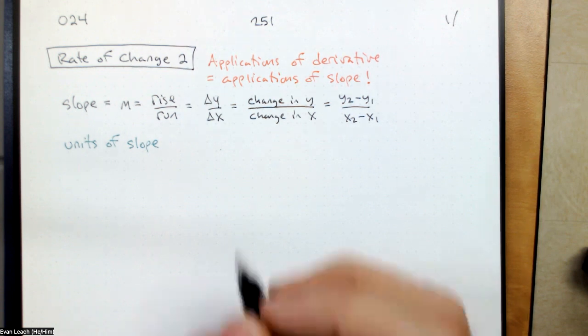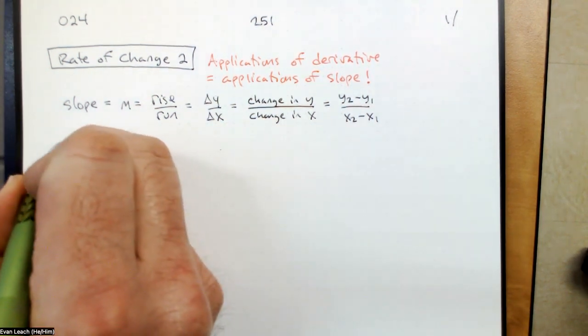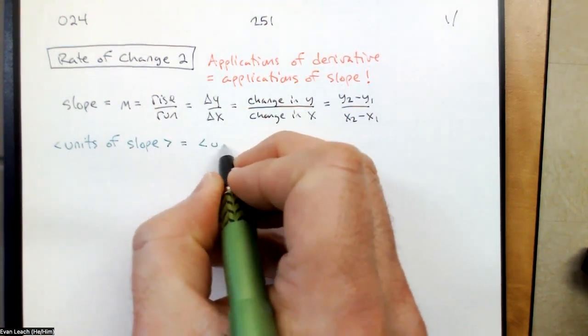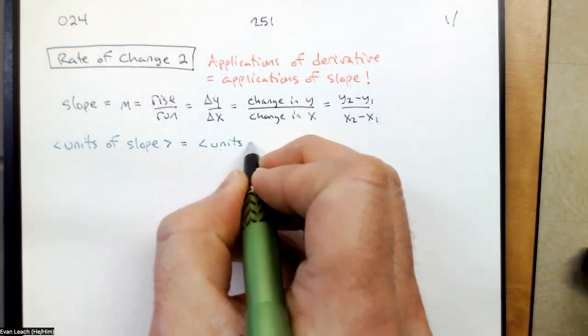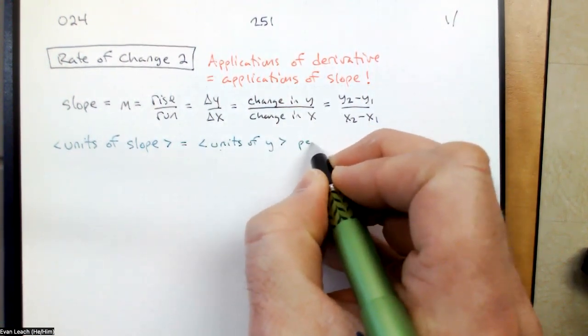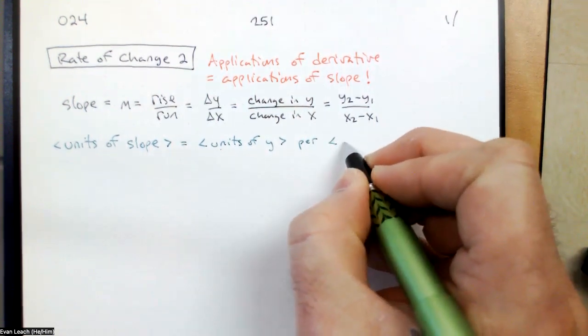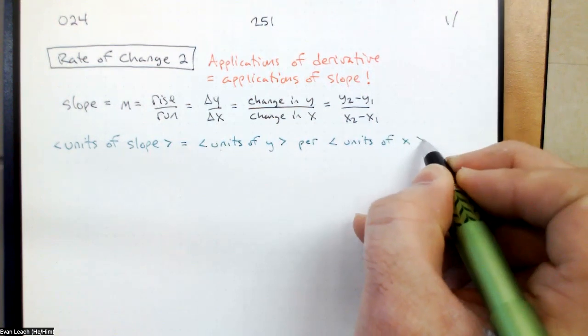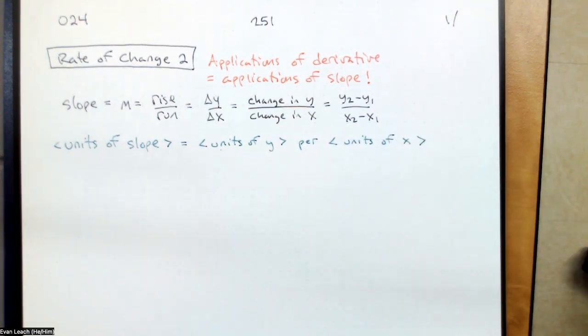So the units of the slope are going to be the units of y. Then we're going to write the word per, and then we're going to write the units of x. This will tell us what the slope is measuring.